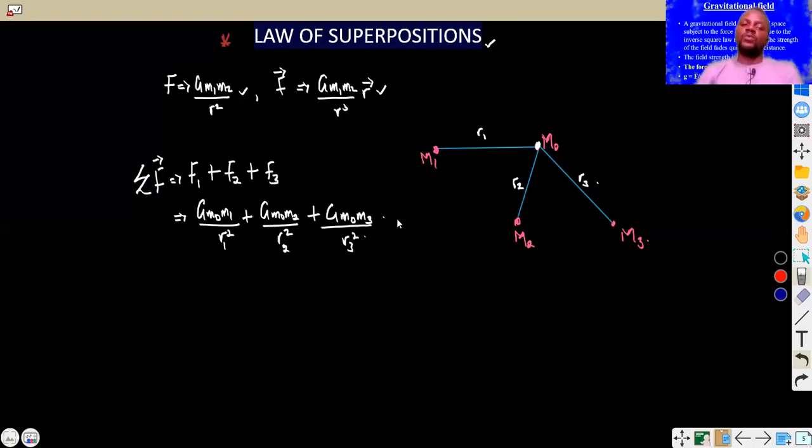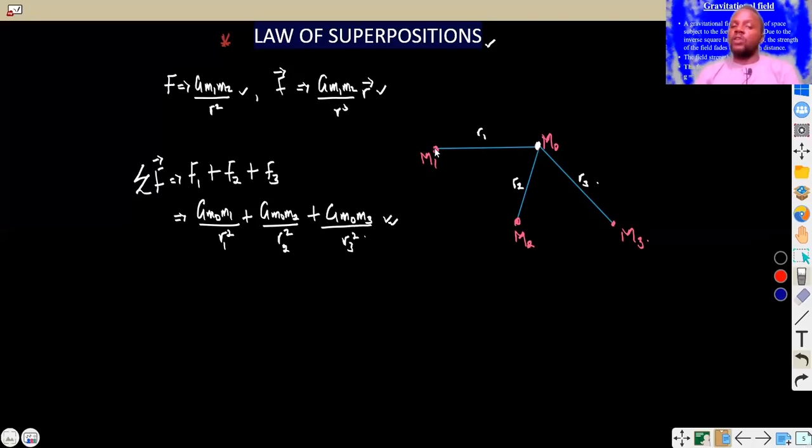So this relationship gives the sum total of all forces acting between different masses, or more than two masses, from a point of origin. This is what we call the law of superposition.